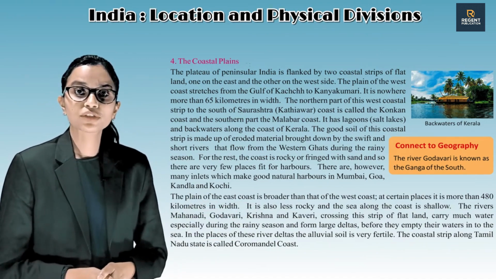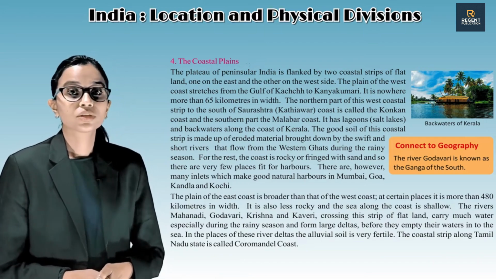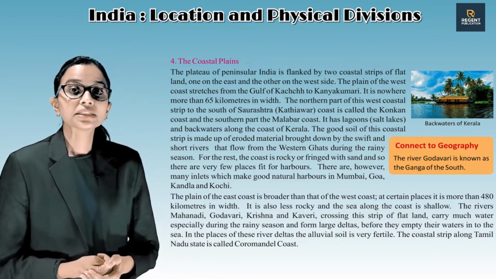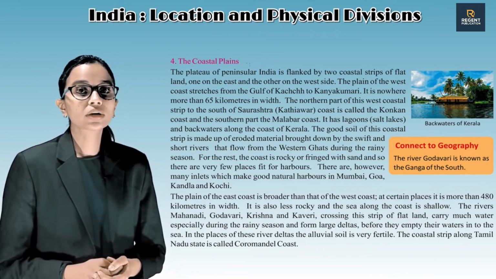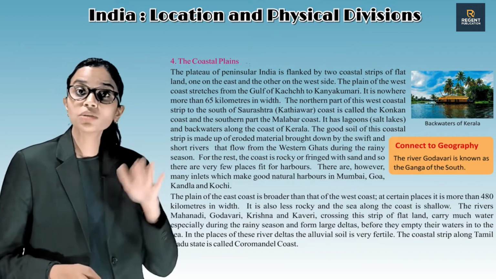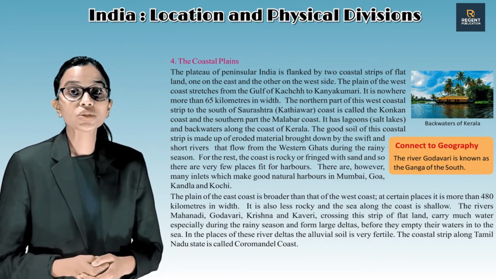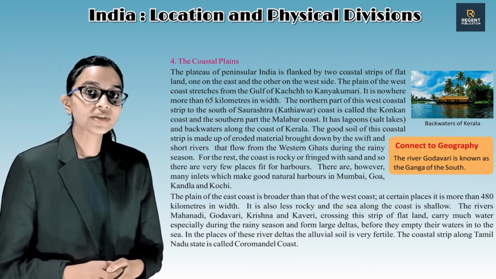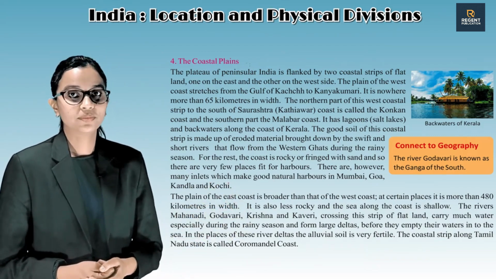The northern part of this west coastal strip, to the south of Saurashtra, that is Kathiawar coast, is called the Konkan coast, and the southern part the Malabar coast. It has lagoons, salt lakes and backwaters along the coast of Kerala.